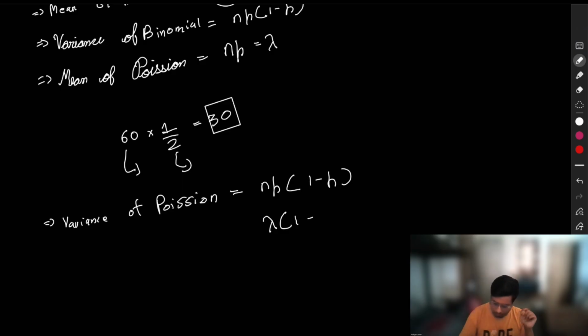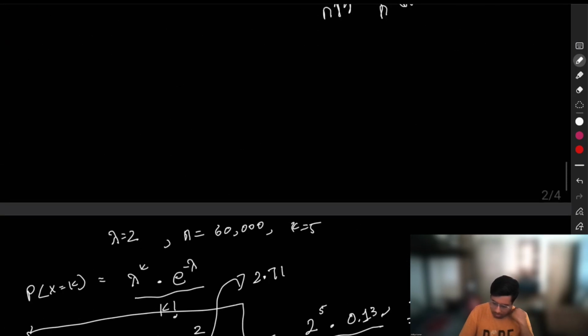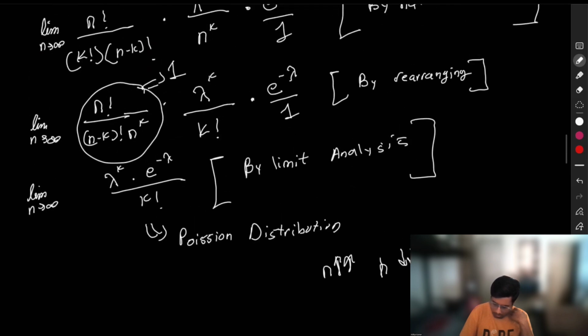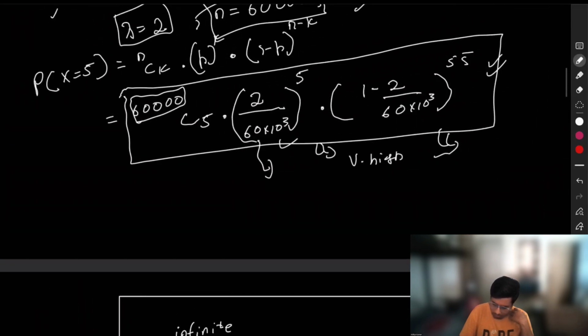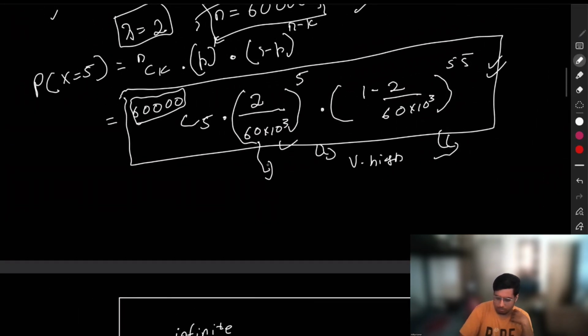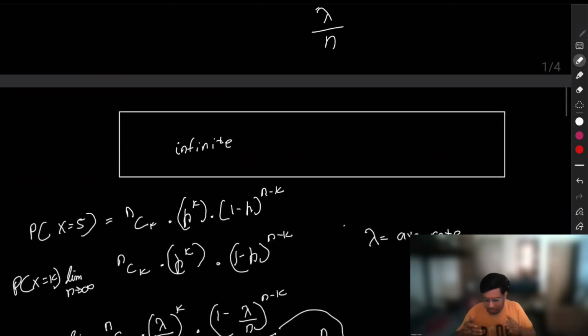Now what is the value of p in the case of Poisson? Okay, let us see. It was lambda upon n. And while deriving the Poisson distribution, we are assuming n tending to infinity.